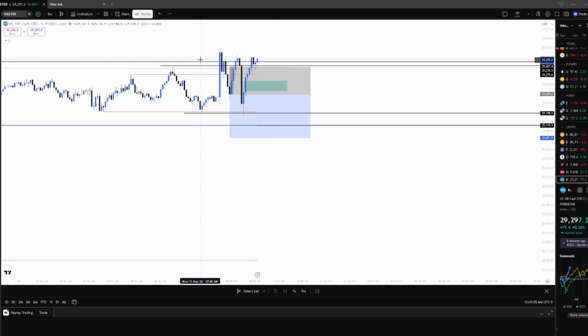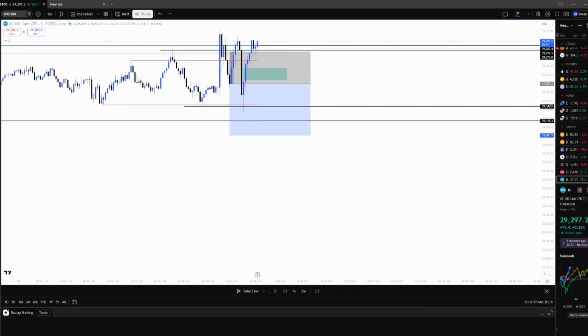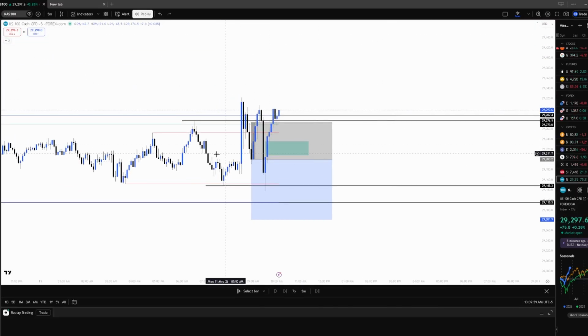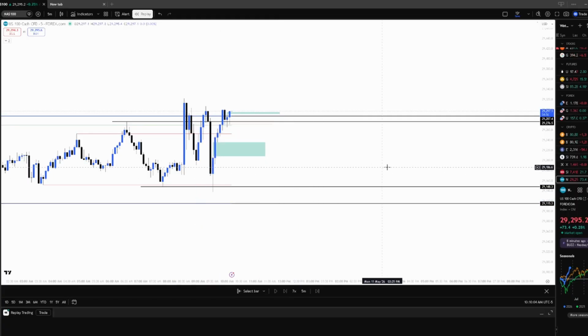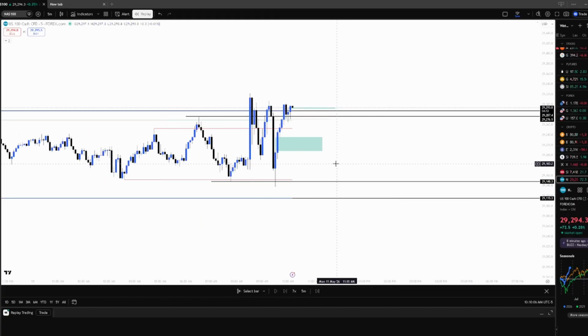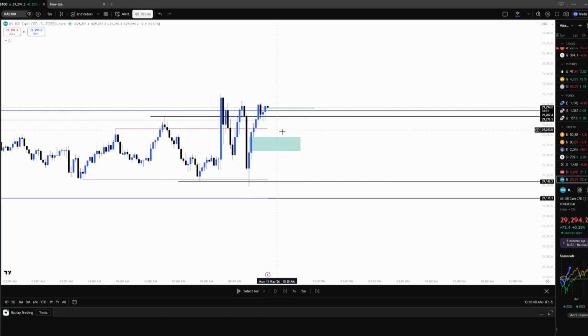So first, we are up 0.5% in one candle on the 5 minute. And then we kind of just, I guess, don't care anymore. We're kind of just chopping away.